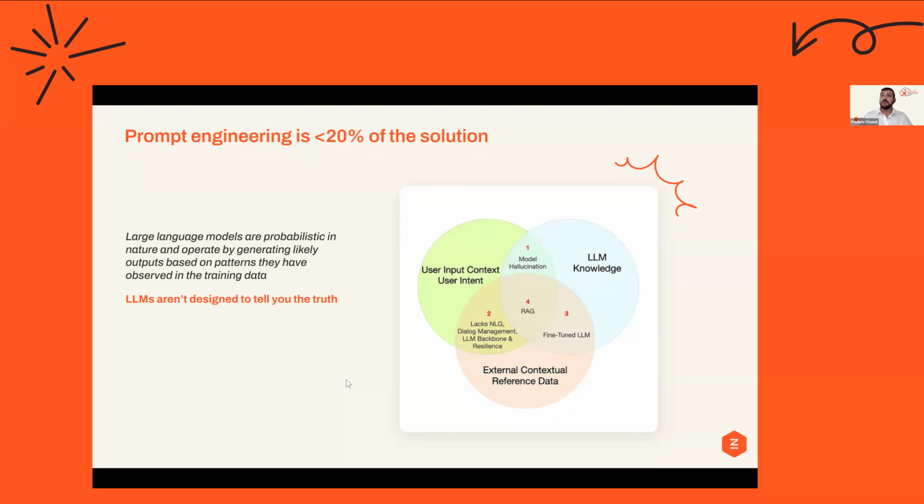So basically make sure that your model is using the right data. Something that you can easily forget is that large language models are probabilistic, and that means they generate output based on what they observe in the training data.